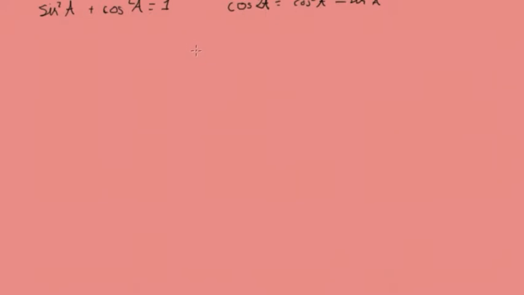By rearranging this, because we know sine squared A is going to be equal to 1 minus cosine squared A, we can have cosine 2A equal to 2 cosine squared A minus 1, and we can also have cosine 2A equal to 1 minus 2 sine squared A.